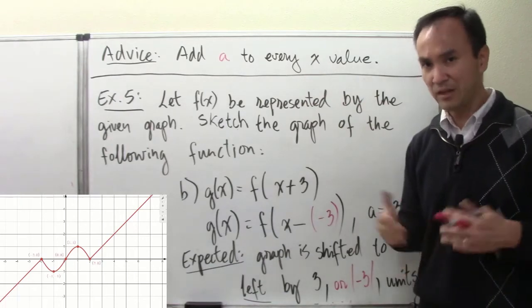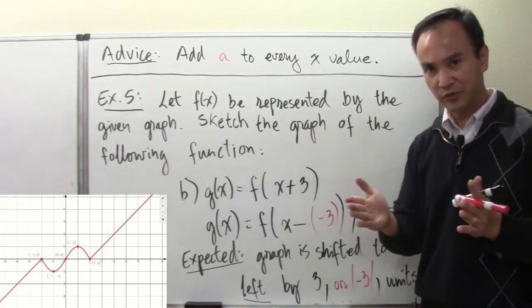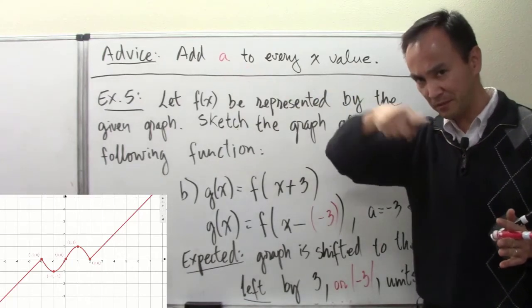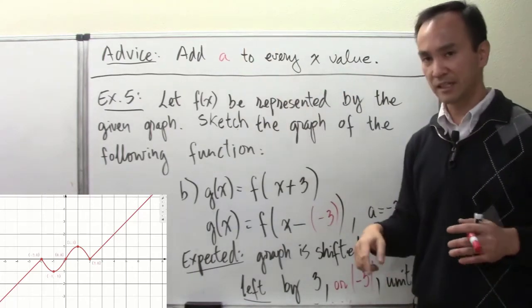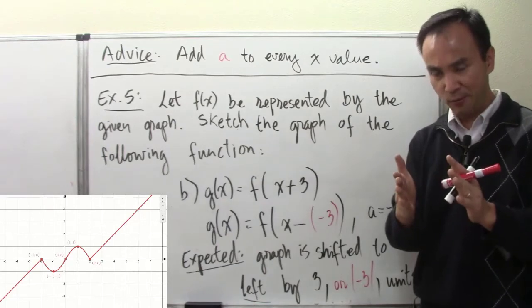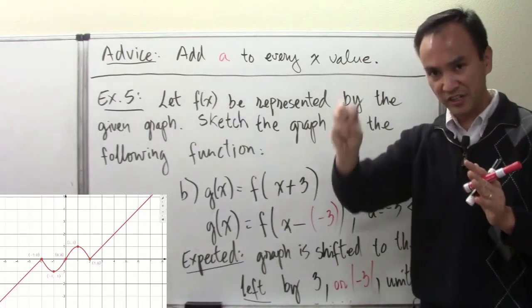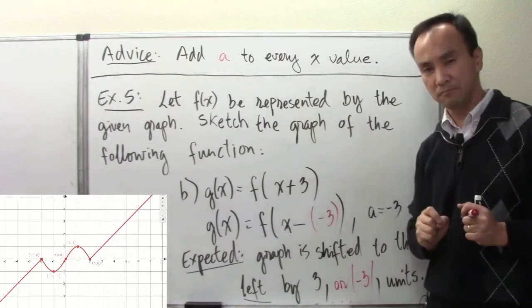Theoretically, we have to add a to every point on the trace of that graph. But here we can just focus on those guiding points, and those guiding points will define the shape of our graph. Okay, let's get to it.